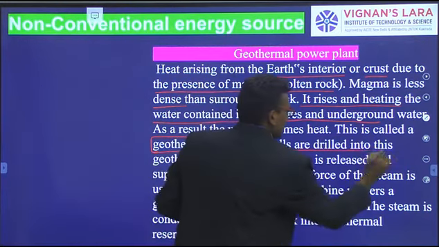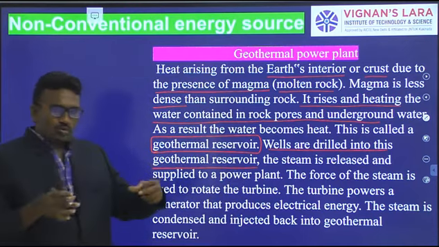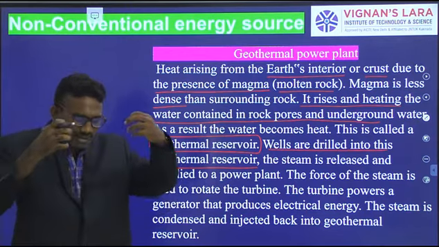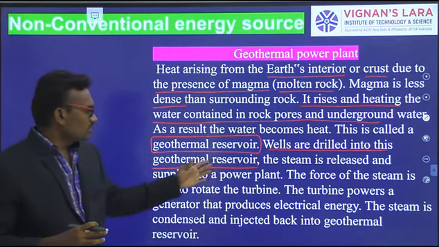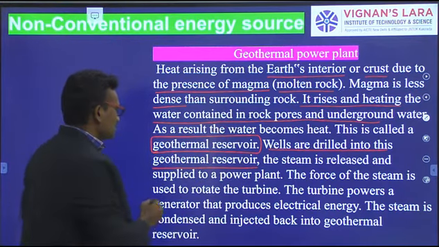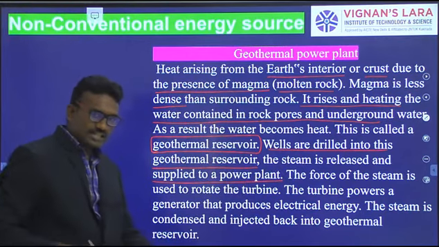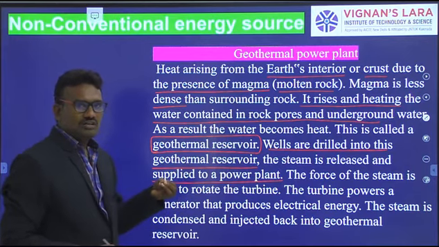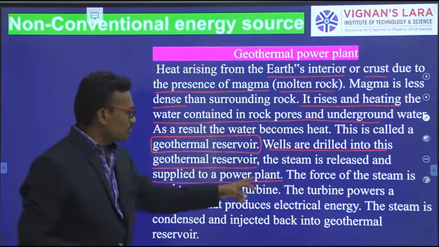Wells are drilled in this geothermal reservoir. Two strong iron pipe wells are drilled into the geothermal reservoir. The steam is released and supplied to a power plant. The steam is released from the earth crust through the pipes and passed into the power plant.